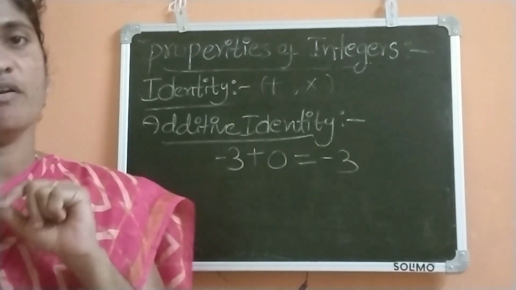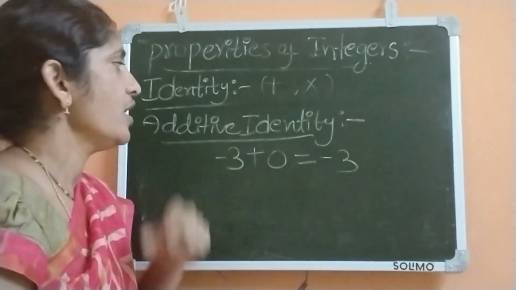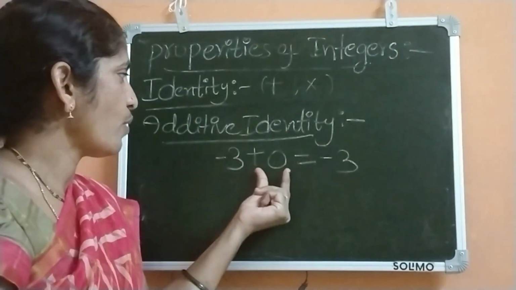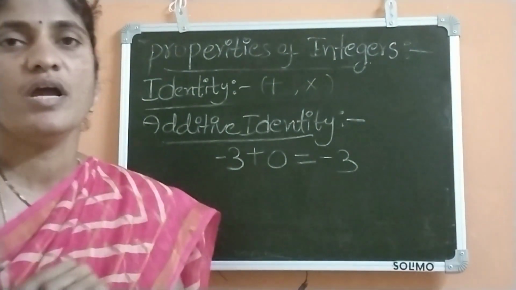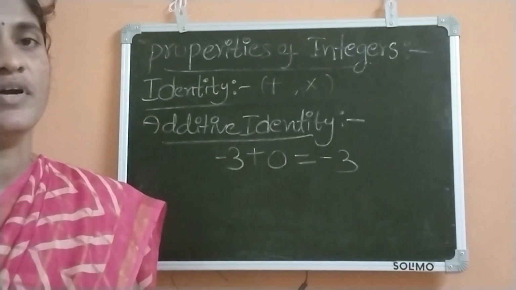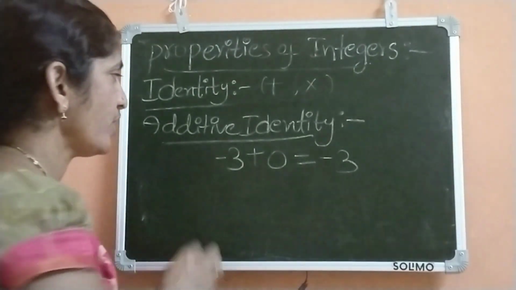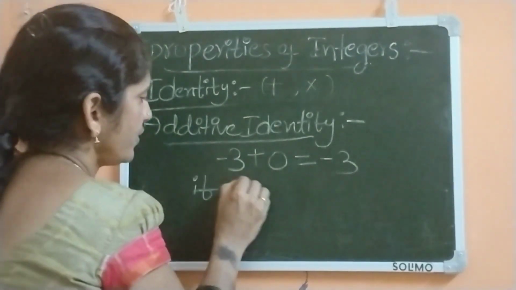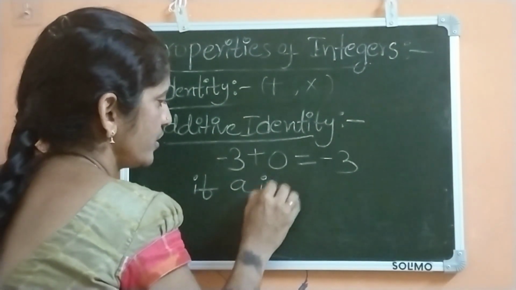In this case 0 is called the additive identity of the integer system. So we can generalize that there exists 0 in the integer system, and by adding 0 we get the same integer.